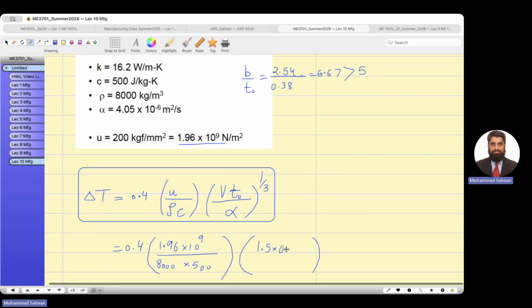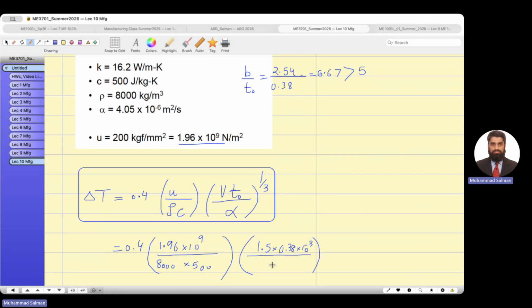I convert it into meters, divided by alpha, which is 4.05 times 10 to the power negative 6 meters squared per second, whole to the power 1/3.